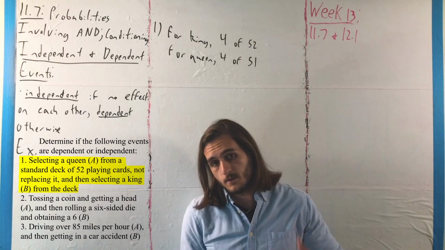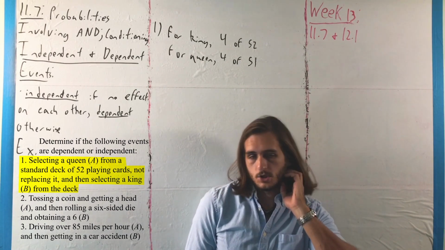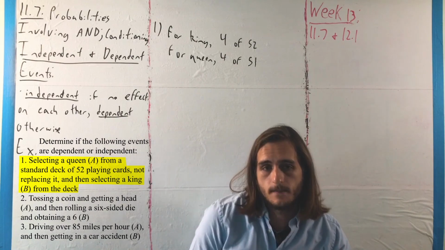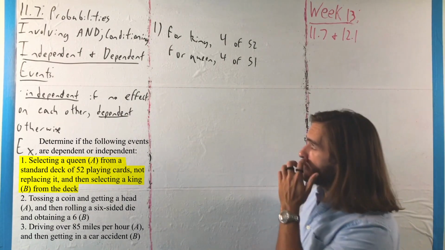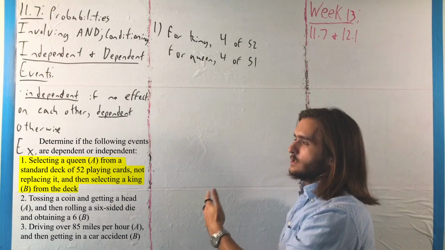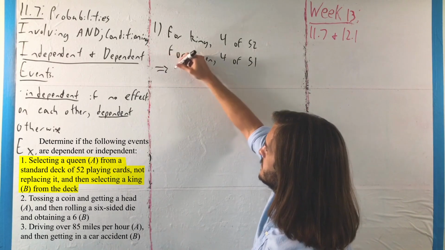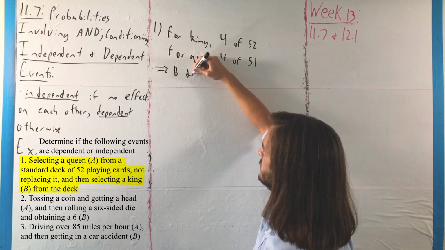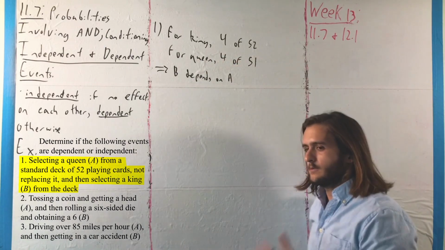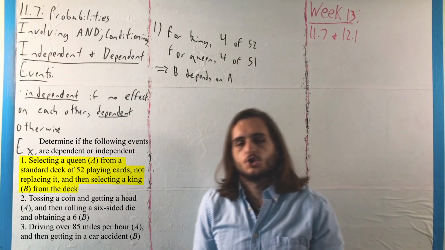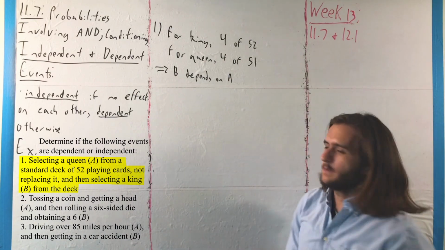So in this case, the probability of drawing a queen, given that you have drawn a king, which is a special notation that we'll talk about later in terms of conditioning, is slightly higher. That is, the probability of the second event has changed a little bit based on the first one. So we would say in that case that B depends on A. Again, there's a little bit of that directional nature to looking at dependence of events that we want to be careful of here.